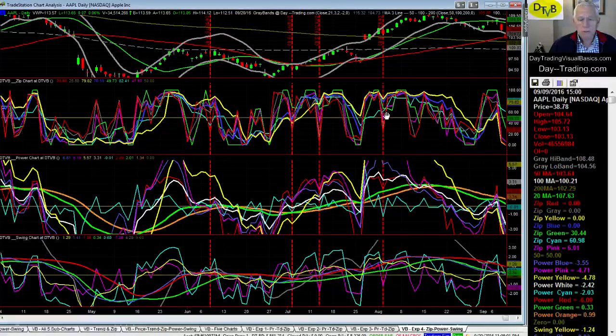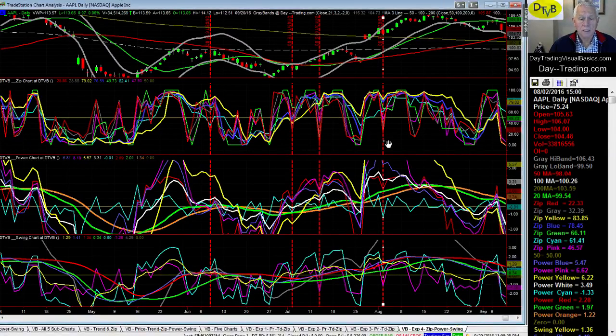Now, the first one I'm going to discuss is on the right, and that has zip red at 22, zip yellow at 83. This is a classic red spike pattern. It has a nice high yellow value, and as a result, next day is a nice green candle.